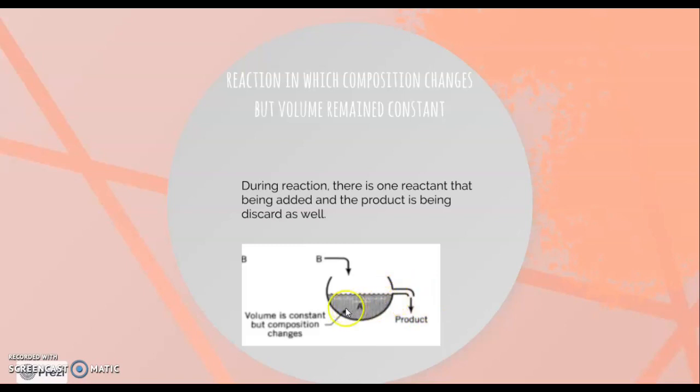So during the reaction, even though we are adding reactant B, the volume will remain constant as when the mixture of reactant reaches a certain volume, it will be discarded. However, the composition will change because we only add reactant B into the tank while reactant A will just remain the same in the reactor.